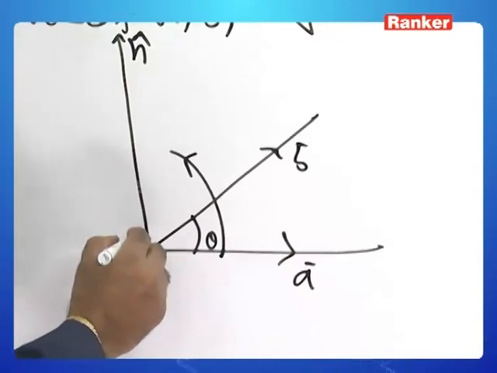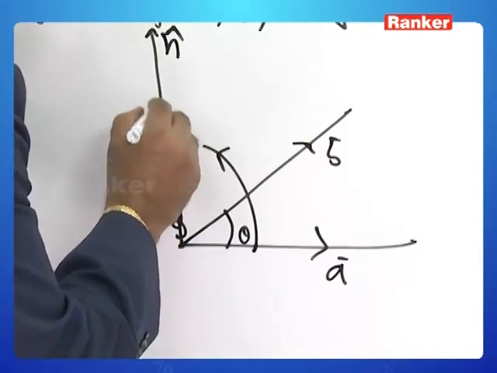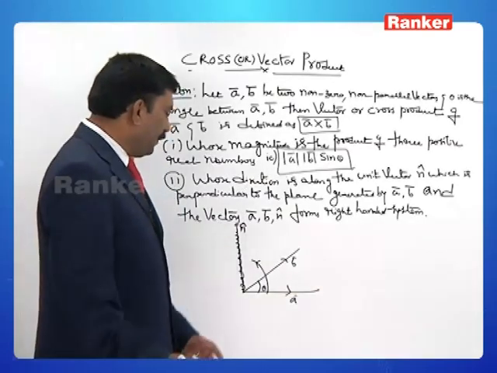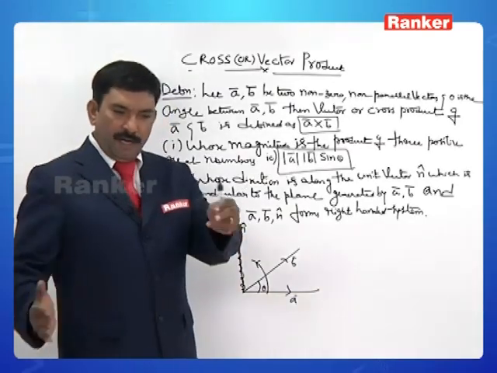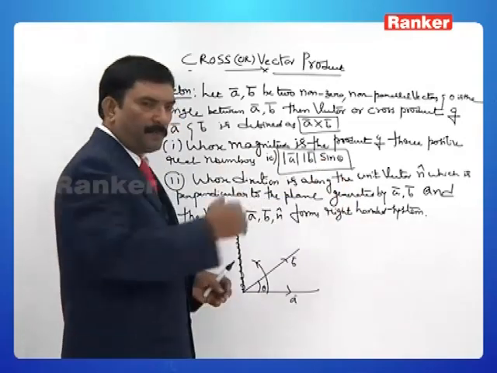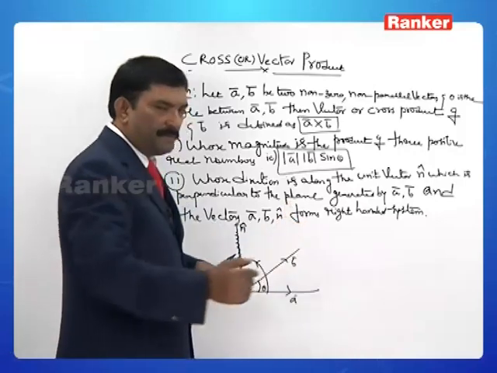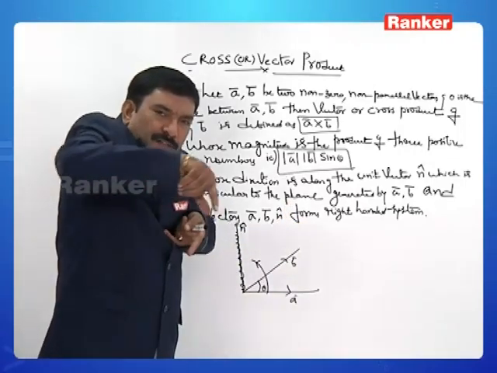So therefore, when you rotate A towards B, towards n cap, they are in a right-handed system.